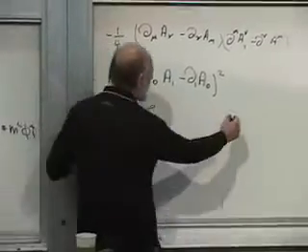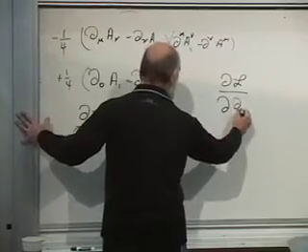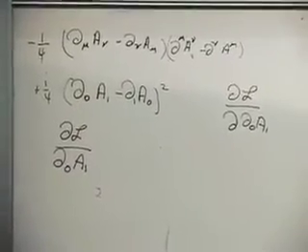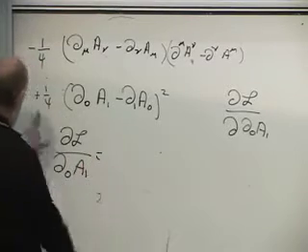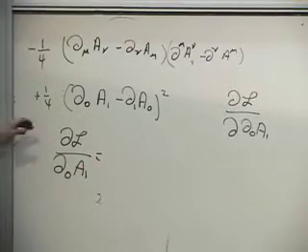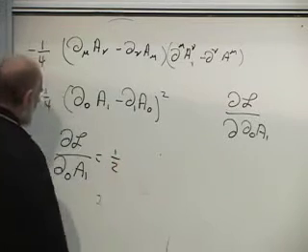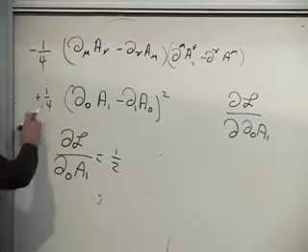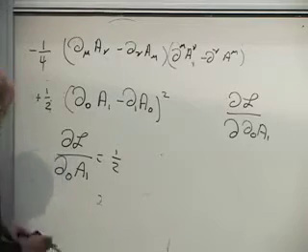Get rid of the square and put a 2 in there, but it cancels the quarter, so that's a half. There is only a half there, so the half goes away.